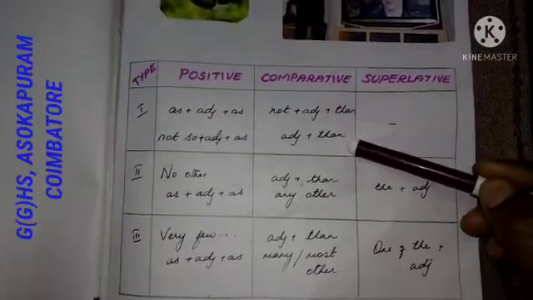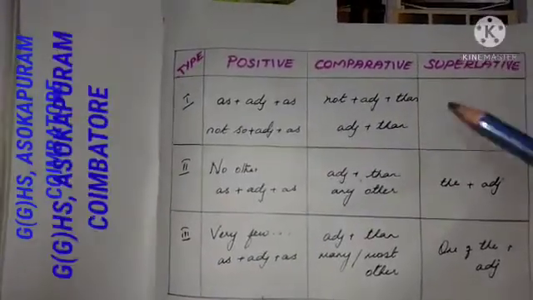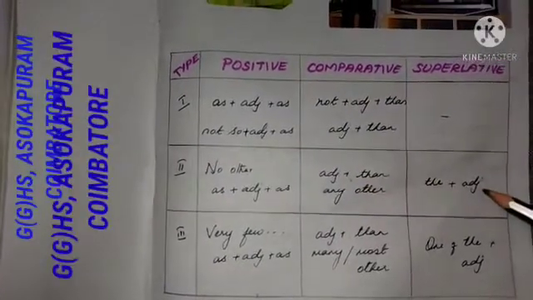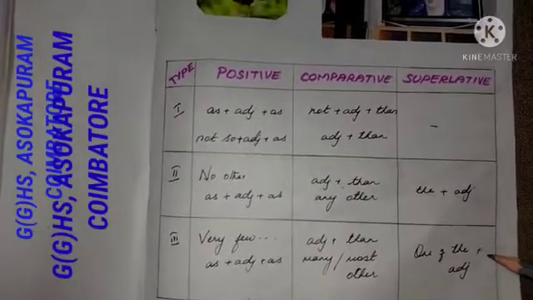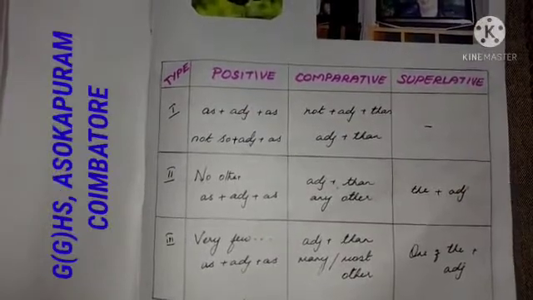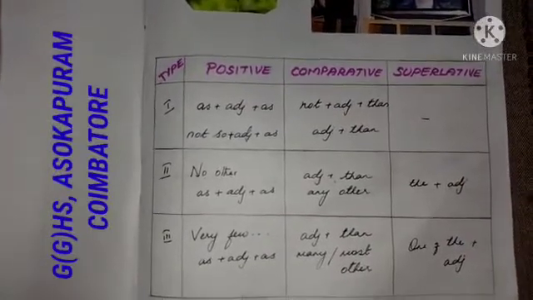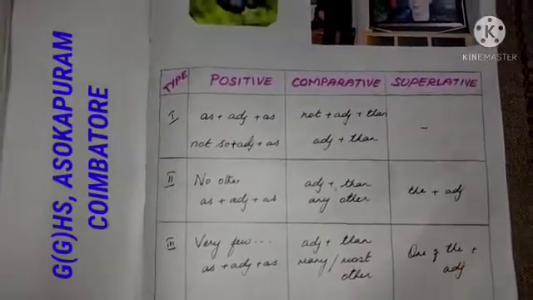This you will understand when you do the exercise. In second type, you get superlative degree, and in third type also you get superlative degree. The reason is, in second type and third type, more than one person, place or thing is compared. That is the difference between type 1 and types 2 and 3.